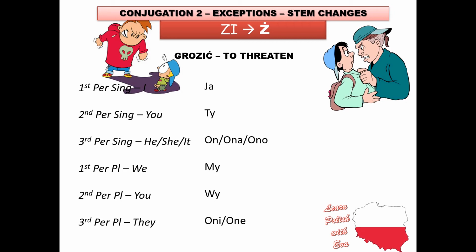We remove the last letters of the infinitive, ci, and we are left with grozi. And grozi will take the adequate verb endings, but the first person singular and the third person plural will experience the stem change from zi to ż, and then they will take the adequate verb endings. So the final verb looks like this.